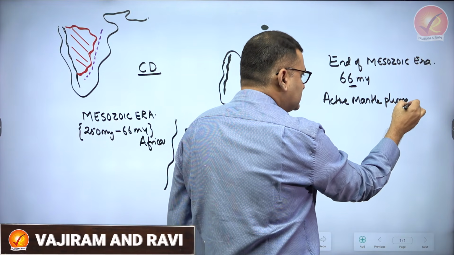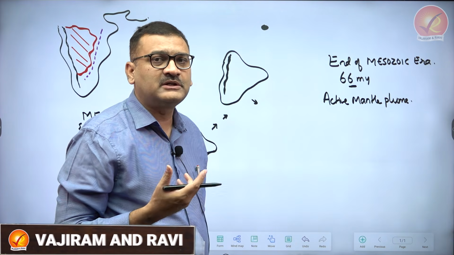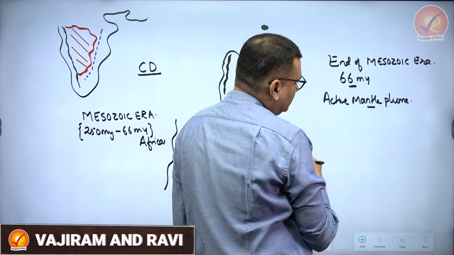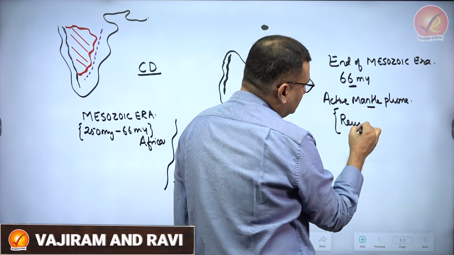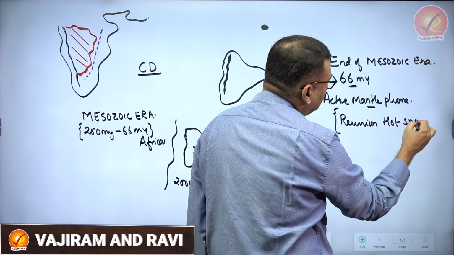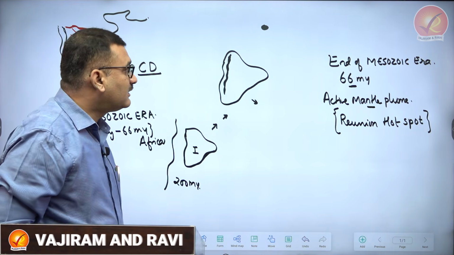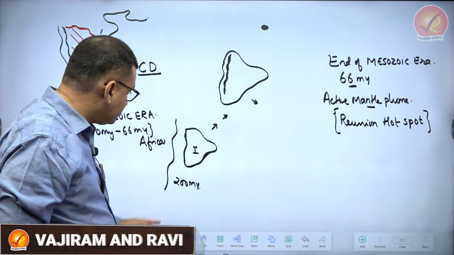You can understand this as something like an active volcano, emerging from the interior of the earth, and this is referred to as the Reunion hotspot. This mantle plume emerged from the Reunion hotspot around 66 million years before present, right?